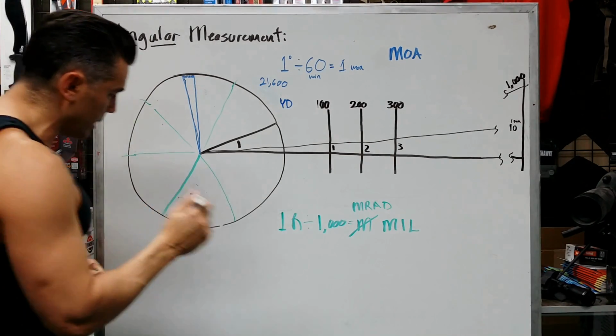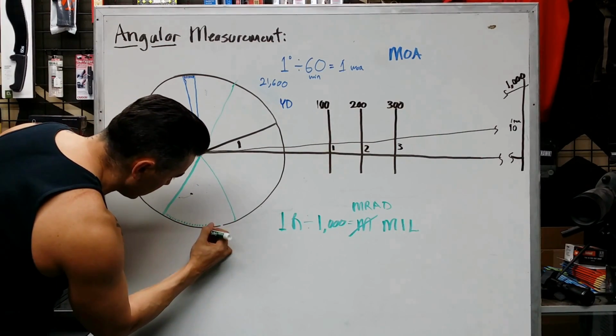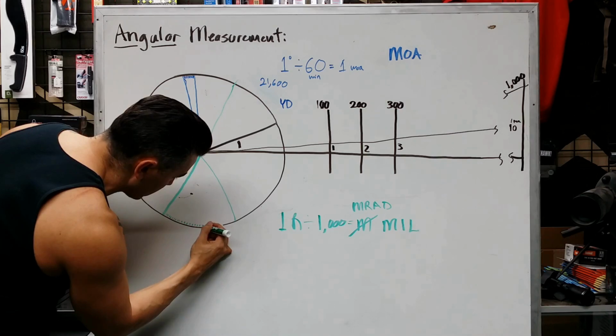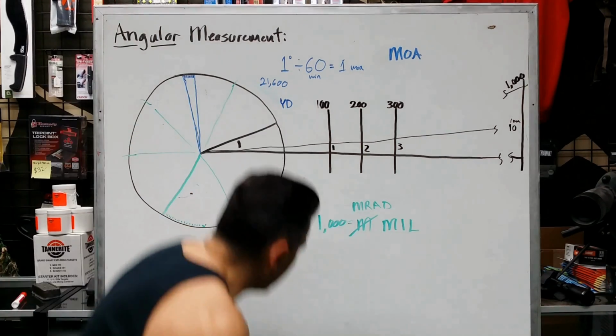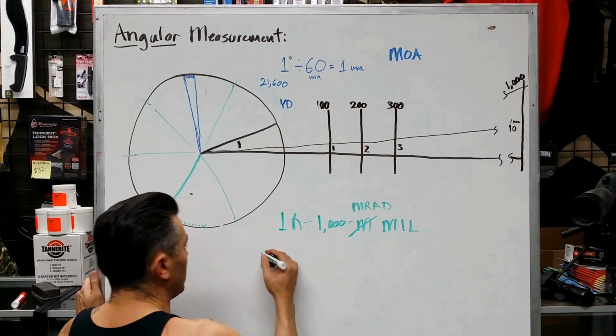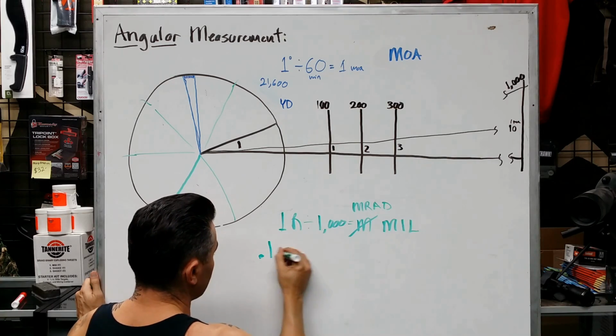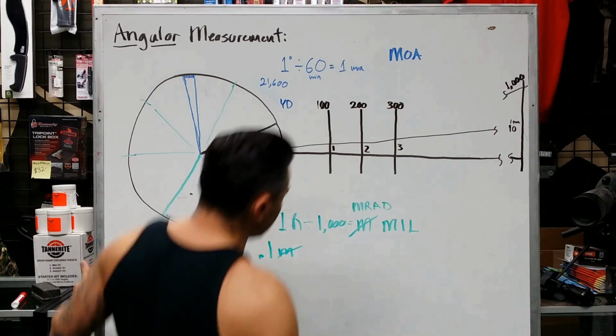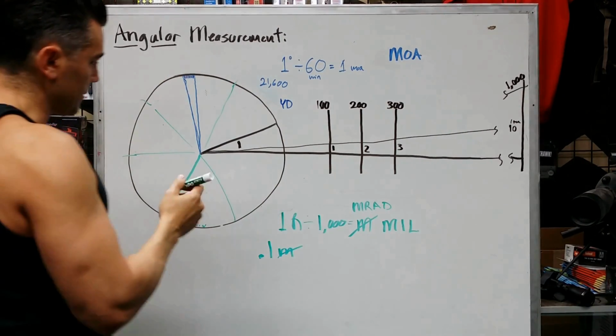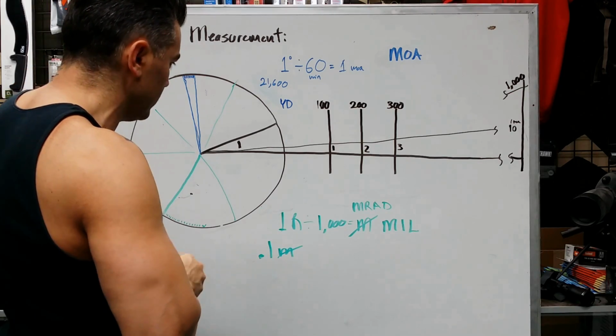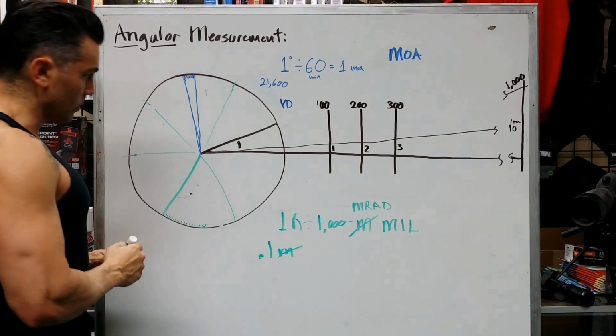So what we do is in each mil, we chop that up into 10 pieces. Your turrets on your optic are probably in 10th milliradian adjustments. And then you have 62,820, so it's much more accurate.